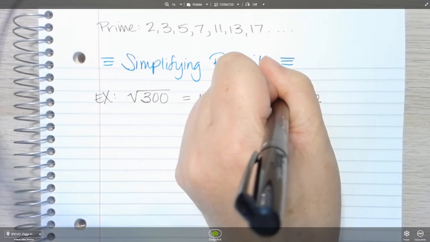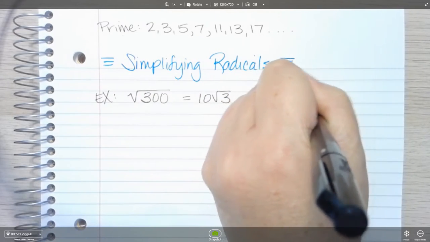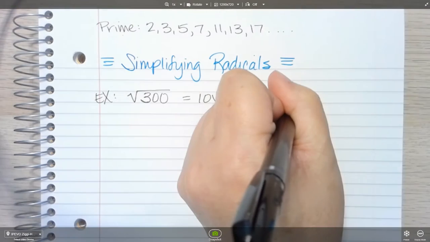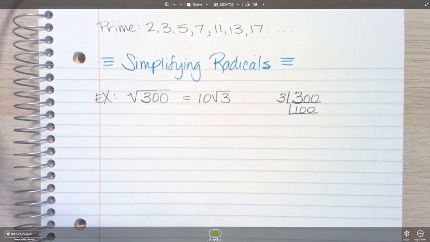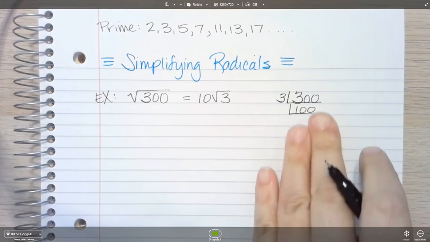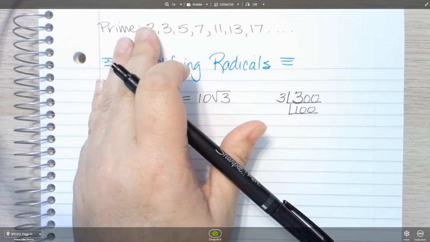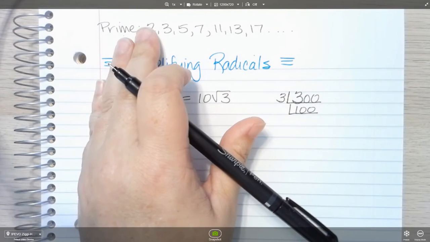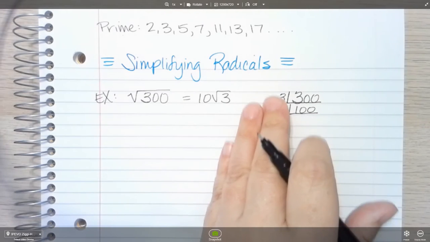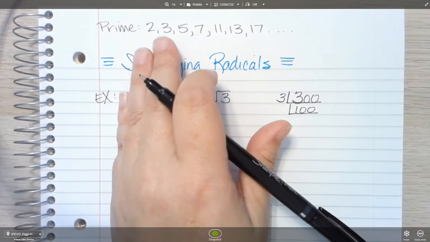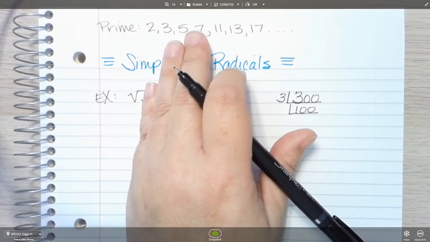All right, so if I divide by 3, I get 100. Okay, now I need to take 100 and divide by a prime number. I can't divide by 10. I know 100 is divisible by 10, but 10 is not a prime number. So I would try to divide by the prime number I had just used, but 100 is not divisible by 3, so I'm going to have to switch to 2 or 5.